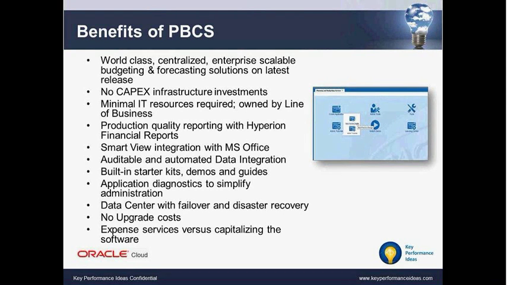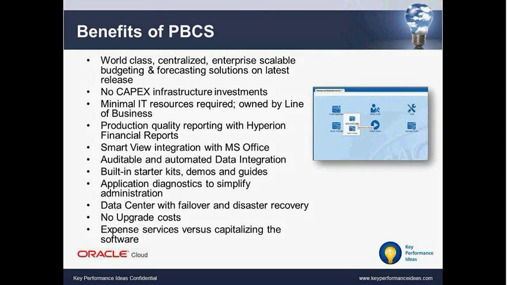Just quickly, some of the benefits of it. It's the Hyperion brand, the Hyperion technology, so you get the world-class solution when it comes to scalable forecasting and budgeting technology. There's no CapEx investment because you don't have to buy the servers, and you don't have to invest IT. It's generally owned by the line of business. You do get the financial reporting that Hyperion is known for, as well as the Microsoft Office integration that is very simple and most people love.